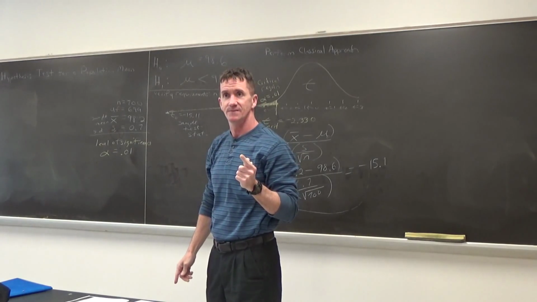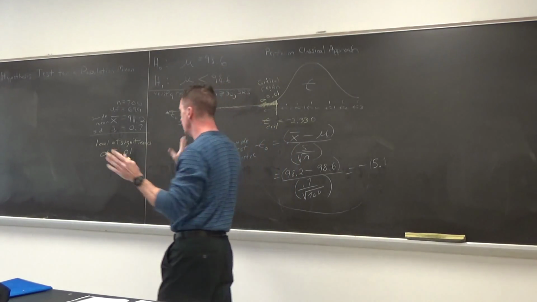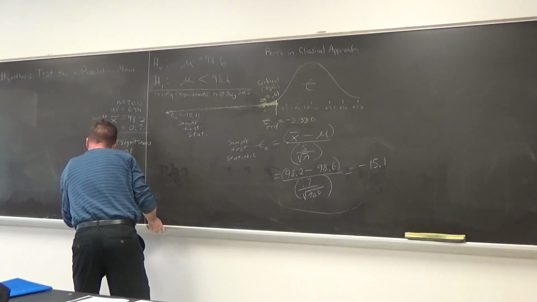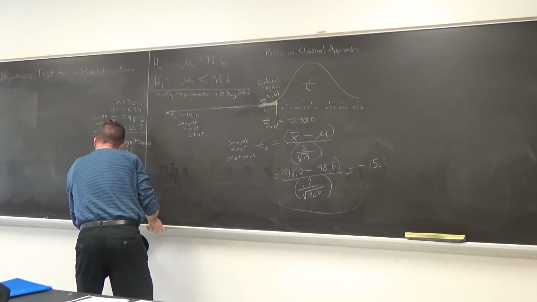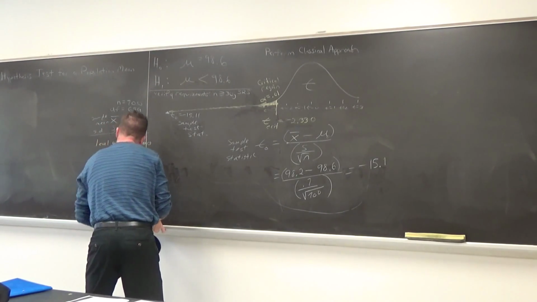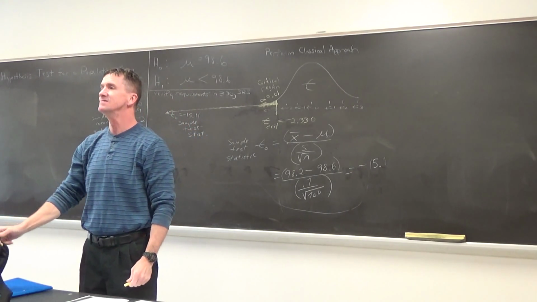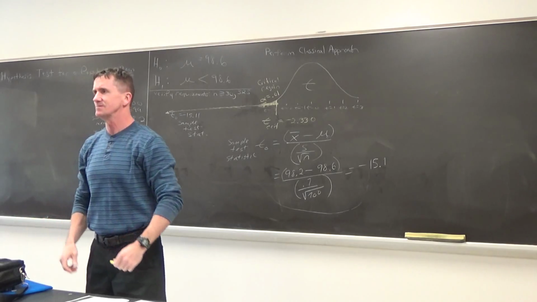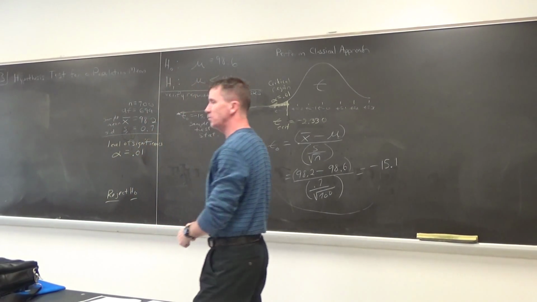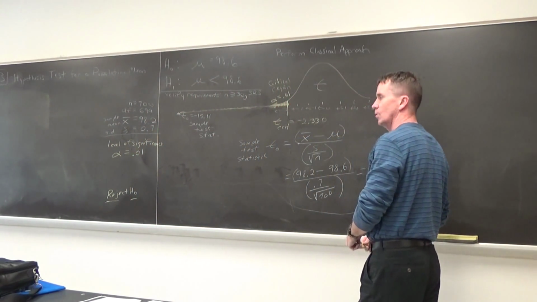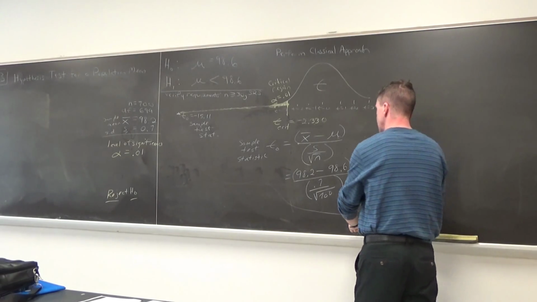Do you agree? We already know with this problem, what are we doing? Reject what? The null hypothesis. Reject the H naught. That's what we're doing with this problem. All right, we're rejecting it. Now, when we're ready to write the conclusion, we can make a concluding statement right now.